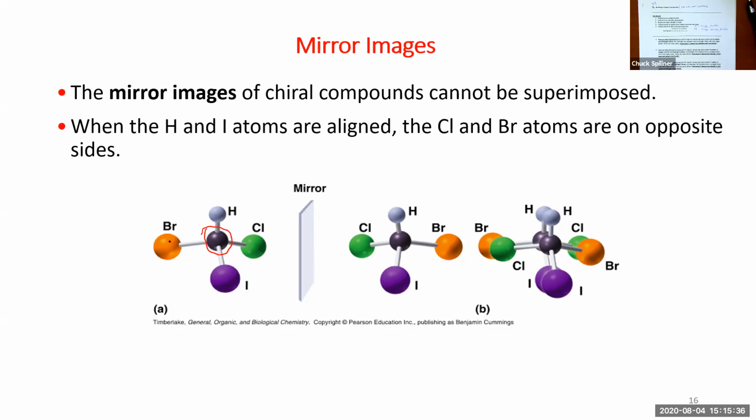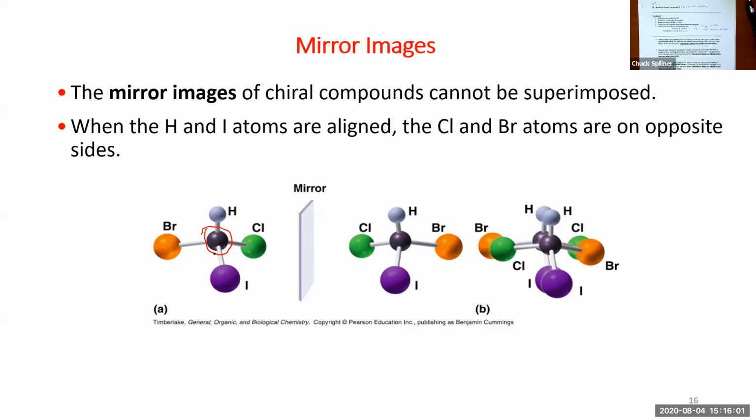And if you switch 2 of them, like the iodine and the chlorine, you get this molecule on the right side, and that's the mirror image. So that's how you go from one chiral molecule to the other, is just to switch 2 of the attached groups. If you do 1 switch, you make the enantiomer. If you do 2 switches, you get back the original molecule.